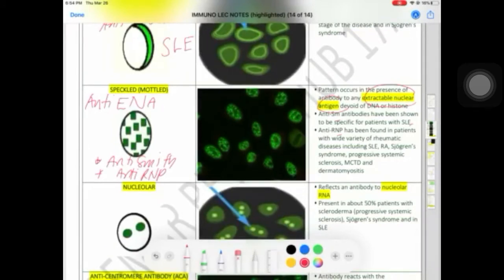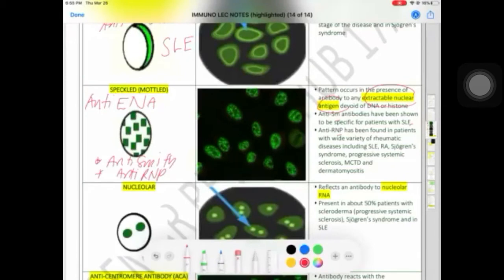According to her, ano yung type of staining pattern that requires a follow-up test, speckled or mottled? Pag ito po yung staining pattern, hindi natatapos sa test ang activity natin. Kailangan yung malaman whether anti-SMIT or anti-RNP. So, dito po pwede po tayong gumawa ng Australian double diffusion para po natin malaman whether anti-SMIT or kaya anti-RNP.